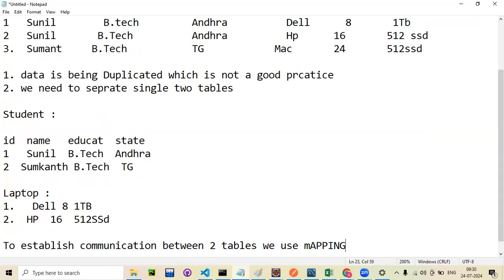So I have multiple types of mapping, as I told earlier.